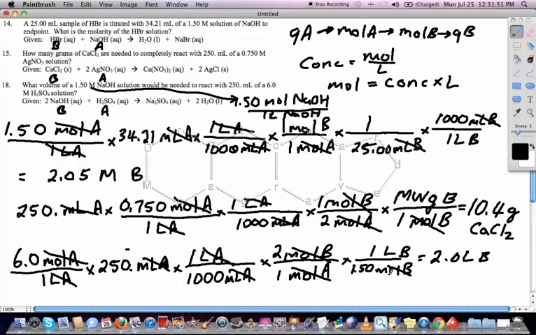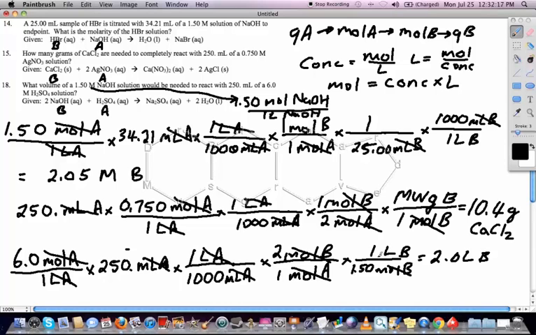All right, let me explain a little bit more about this step here. If I've got moles and I want liters, from up here we know that concentration equals moles over liters. We also know that liters will equal moles over concentration. So effectively what we're doing is taking the moles and dividing by the concentration.